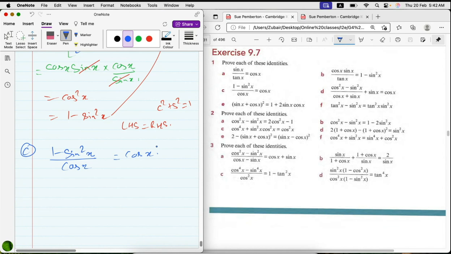So we would first simplify the numerator. So it'd be 1 minus 1 minus sine squared x equals cos squared x. So cos squared x over cos x. And we would be just able to simplify the fraction. So we would get cos x equals cos x. That's right.